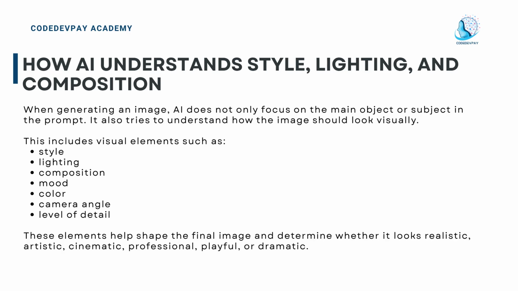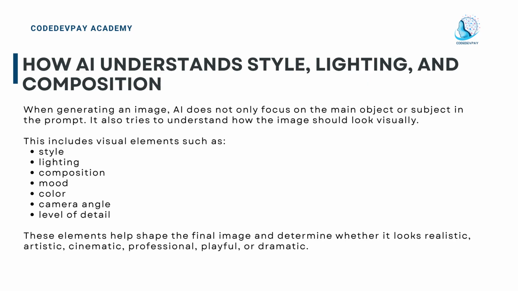This includes elements such as style, lighting, composition, mood, color, camera angle, and level of detail. These elements help shape the final image and determine whether it looks realistic, artistic, cinematic, professional, playful, or dramatic. This is why image prompts are not just about what you want to see, but how you want it to appear.